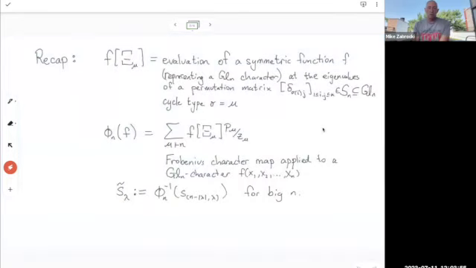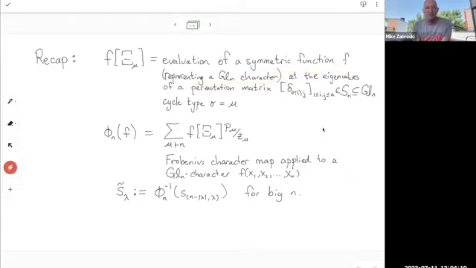Okay, so my recap is last time I said if I have a symmetric function f, it's going to represent a GLN character.